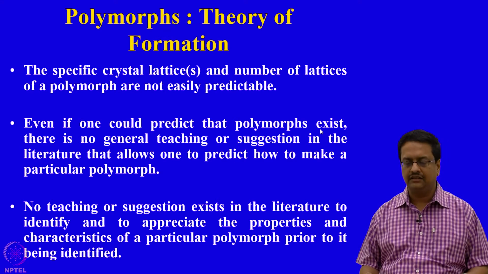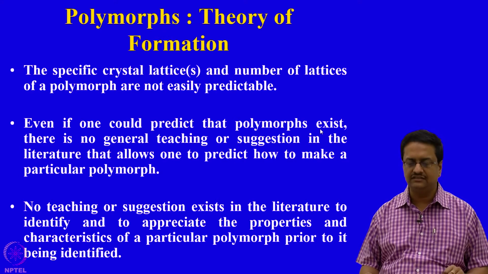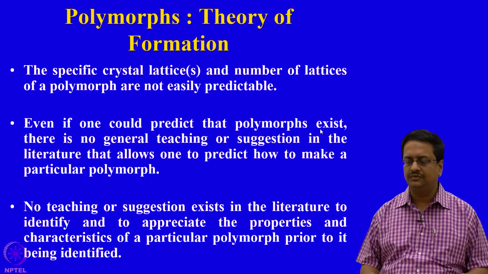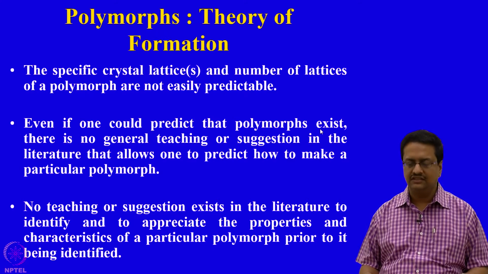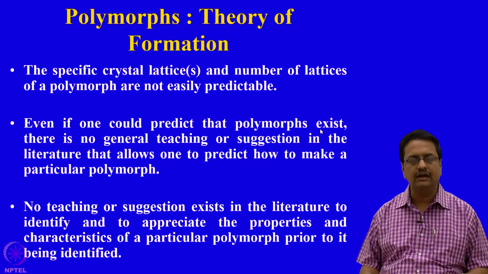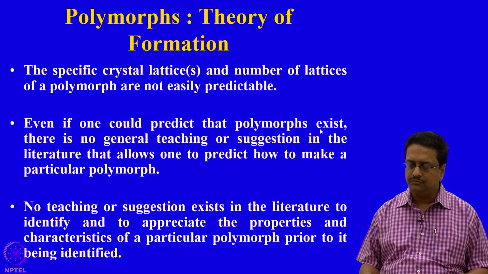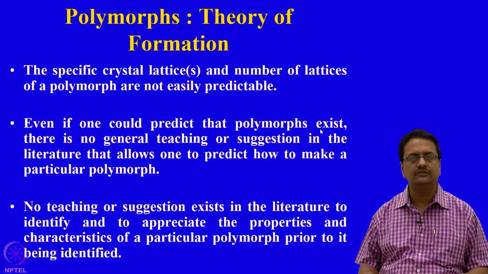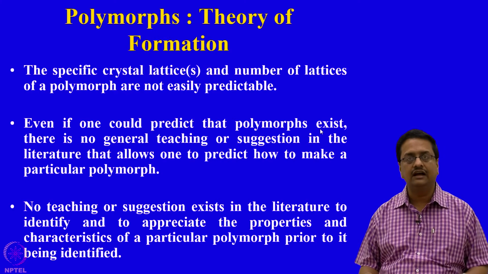Even if one could predict that polymorphs exist, there is no general teaching or suggestion in the literature that shows how one can predict how to make a particular polymorph. And no teaching or suggestion exists in the literature to identify and appreciate the properties and characteristics of a particular polymorph prior to it being identified.